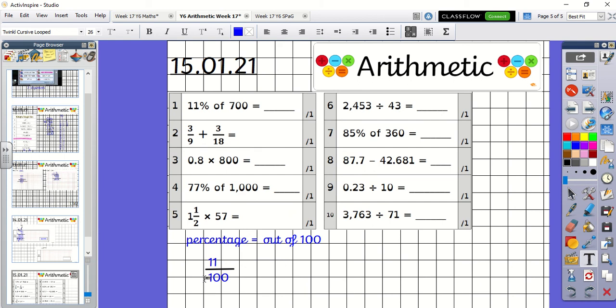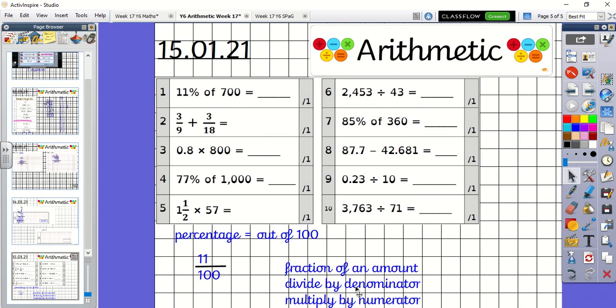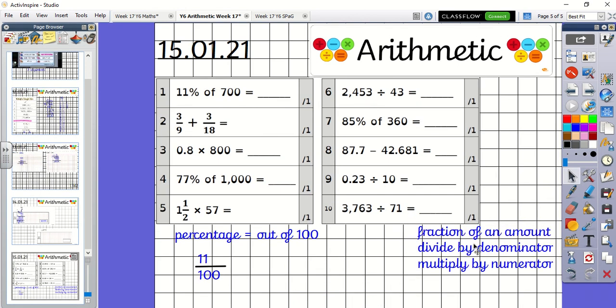percentages into fractions, you can then do fraction of an amount, where we need to divide by the denominator and then multiply by the numerator. Okay, so that will help you with those 3 questions.